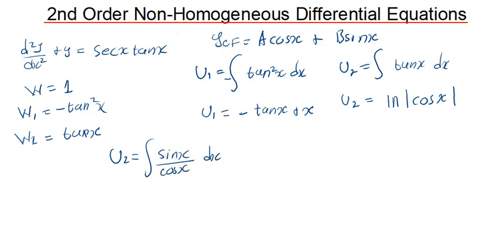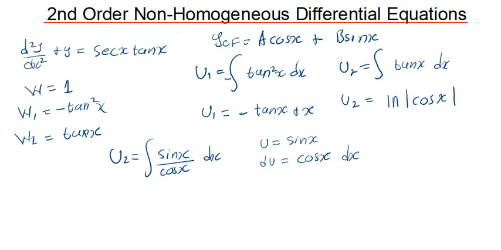If I use u substitution here, I'll say let u be equals to sine x, so meaning du is going to be equals to cos x dx. Is that going to work out?